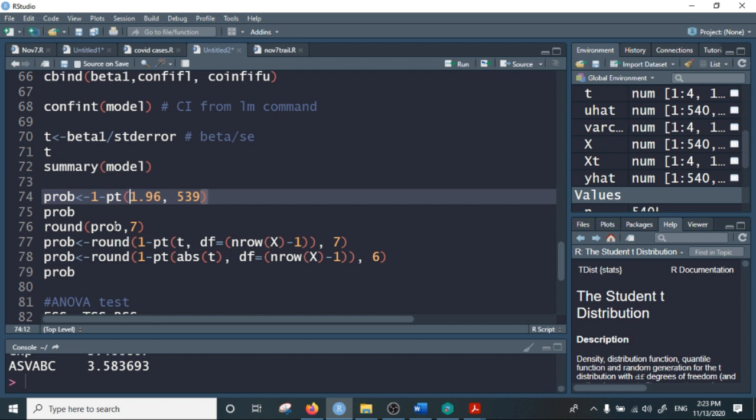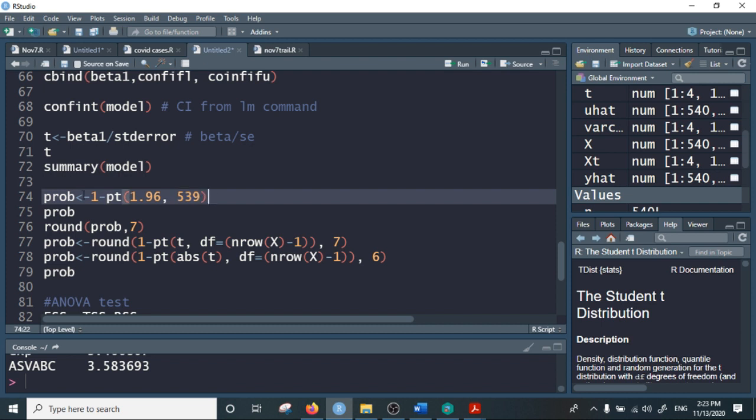To find the probability corresponding to a t ratio, the corresponding function is pt. For instance, if we want to find the probability associated with the t value of 1.96 and the degree of freedom n minus 1, which is 540 minus 1, in this case 539.